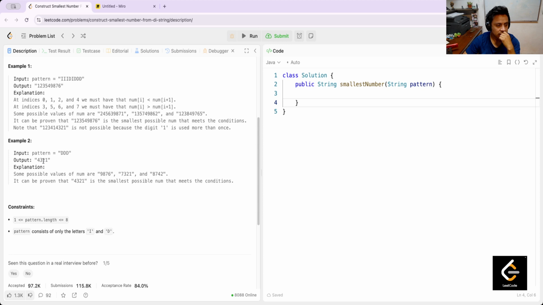In this case, for example, 9, 8, 7. 9, 8, 7, and why did the 6 appear?